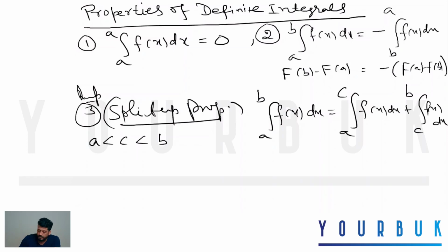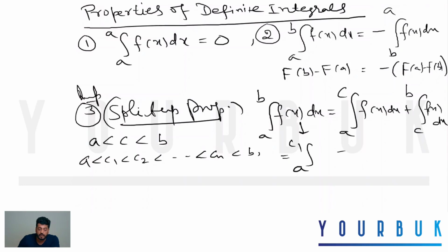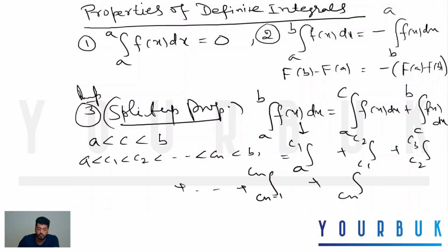Yes, we can. So in general, if there are points say c1, c2, c3 up to cn, we can always break this integral as a to c1 plus c1 to c2 plus c2 to c3 and so on, plus cn minus 1 to cn, and the last will be cn to b.